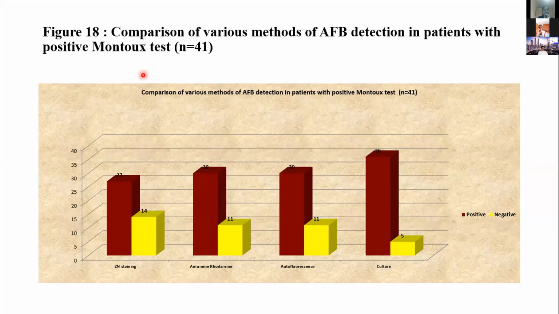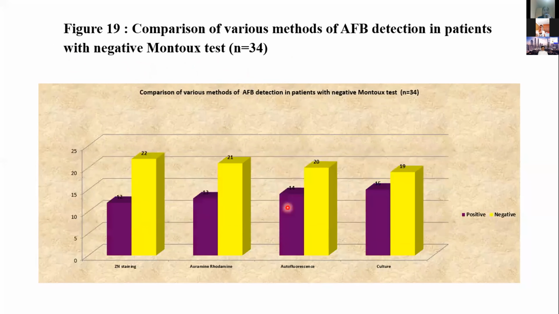Now, for those patients who were positive for MON2, when AFB detection was done, again the sensitivity was highest with auramine rhodamine and autofluorescence. Those with a negative MON2 test, autofluorescence showed a little higher sensitivity as compared to Zn staining and auramine rhodamine stain.